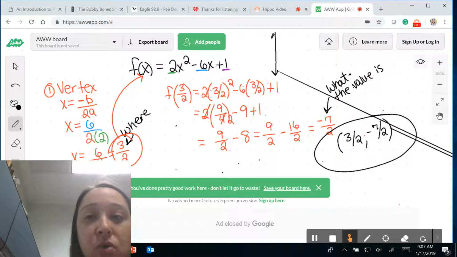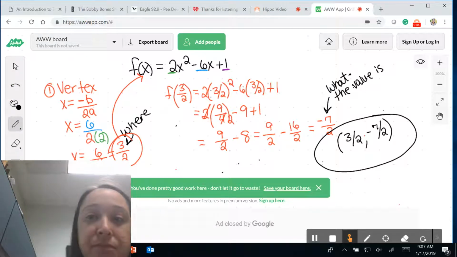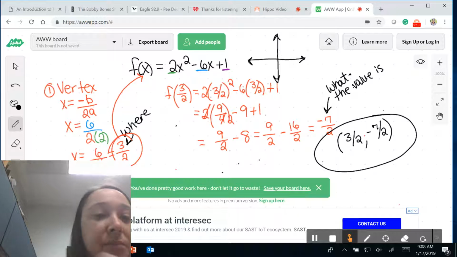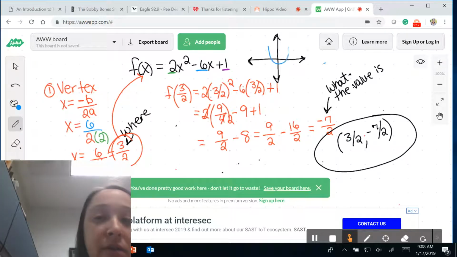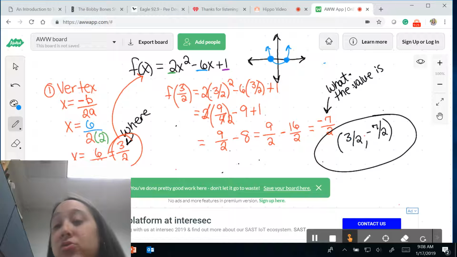You have your coordinate plane here, your x and your y axis. Usually, not every single time, but usually when you graph a quadratic, it crosses that x-axis at some point. It can cross it at 1 point, 2 places, or it may not cross it at all.